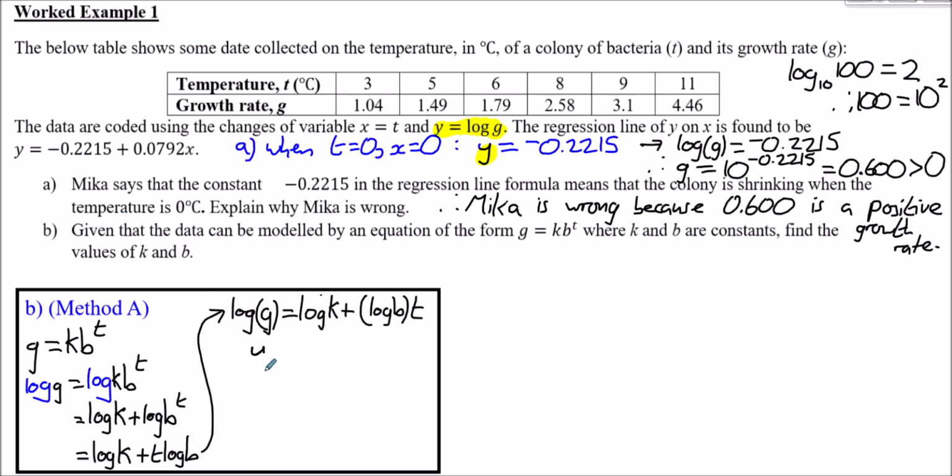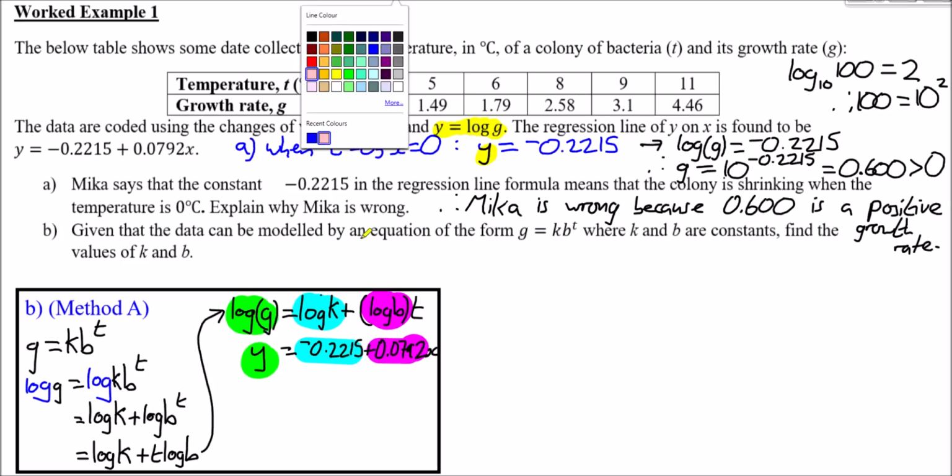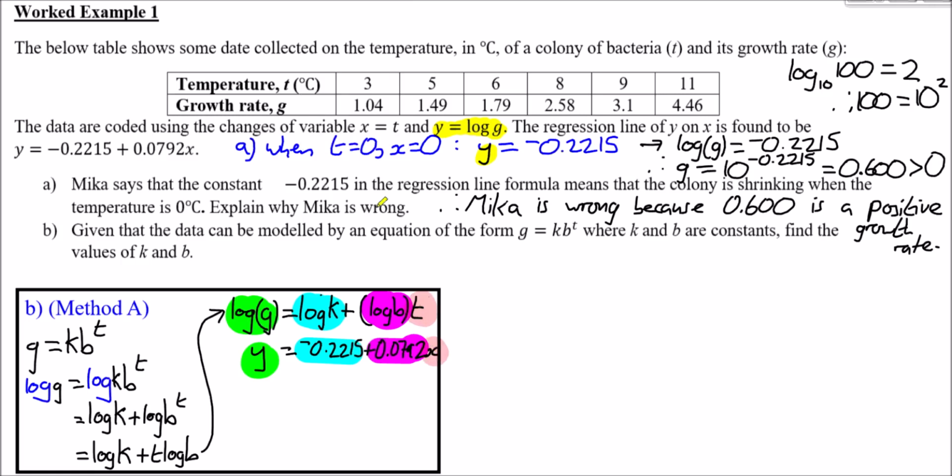So y equals minus 0.2215 plus 0.0792x. So as we can see, log of g relates to y, log of k must relate to this constant here, the log of b, wrong colour, must therefore relate to the positive 0.0792, and like the question says itself, t relates to x because it was coded as so.